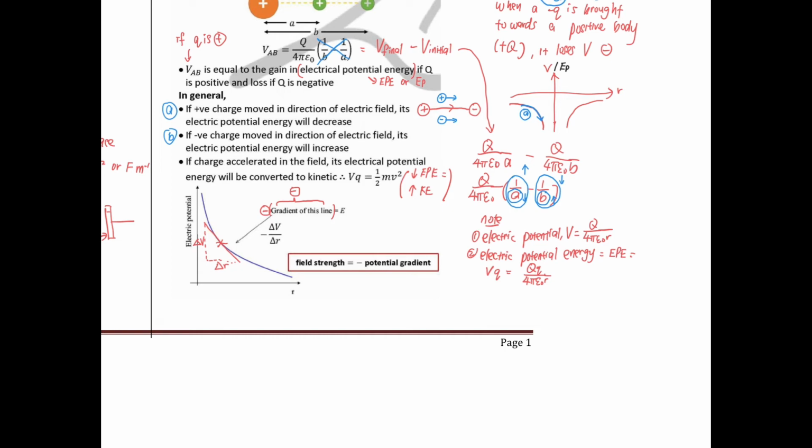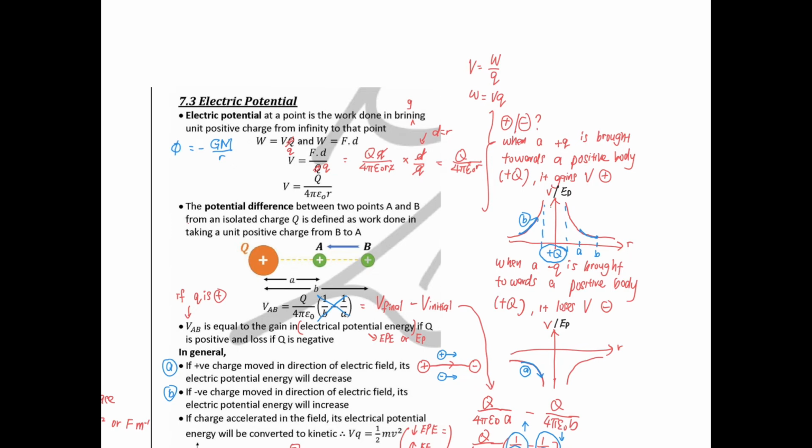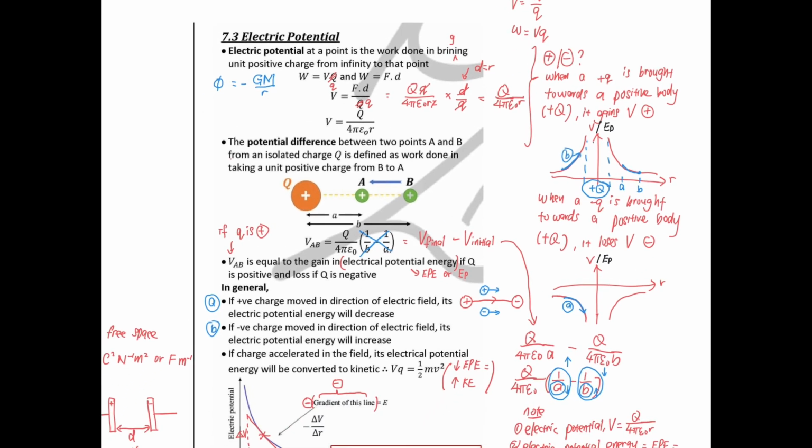Of course, true, we have discussed that already, which is up here: phi equals minus GM over r, gravitational potential. And we should have gravitational potential energy also. Of course, that is also true. Let's say I put it here as comparison. Gravitational potential is negative GM over r.